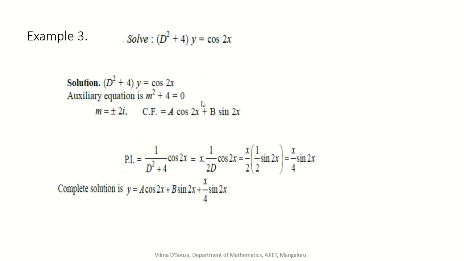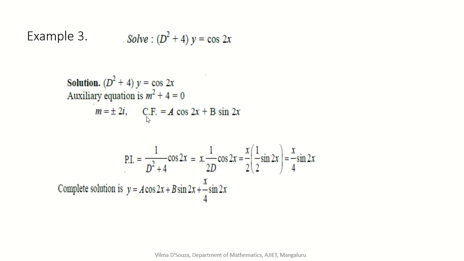Find the roots of the auxiliary equation by using your calculator. You will get m is equal to plus or minus 2i. This is of the form a plus or minus ib. What is a? 0. B is 2.